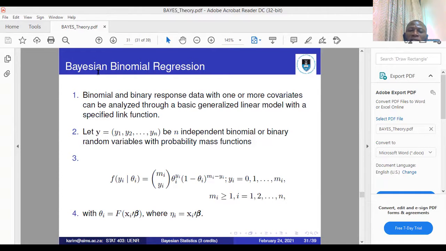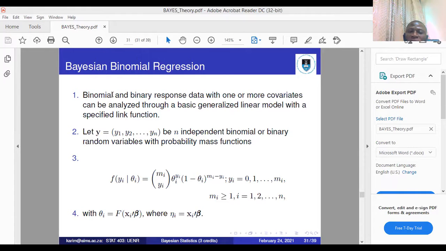So we want to consider the binomial regression model under the Bayesian framework. Under the frequentist framework, we'll be talking of fitting the logistic regression model. So the logistic regression model is used to describe the binomial data. We are going to look at how we do that under the Bayesian paradigm.